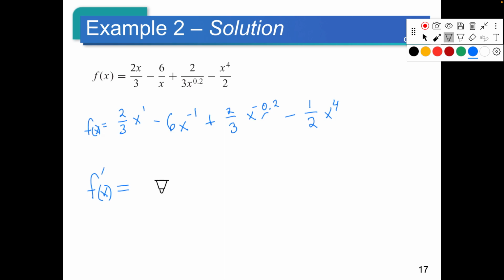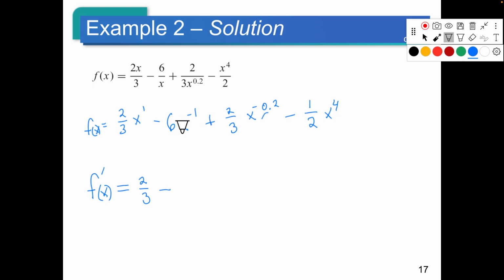Okay. That was 45 seconds, believe it or not. So this first part, what's 1 times 2/3? 2/3. What's 1 minus 1? 0. X to the 0 is 1, so that's all that's left there. And so that's one term. And then we've got this minus. So we've got a negative exponent, right?